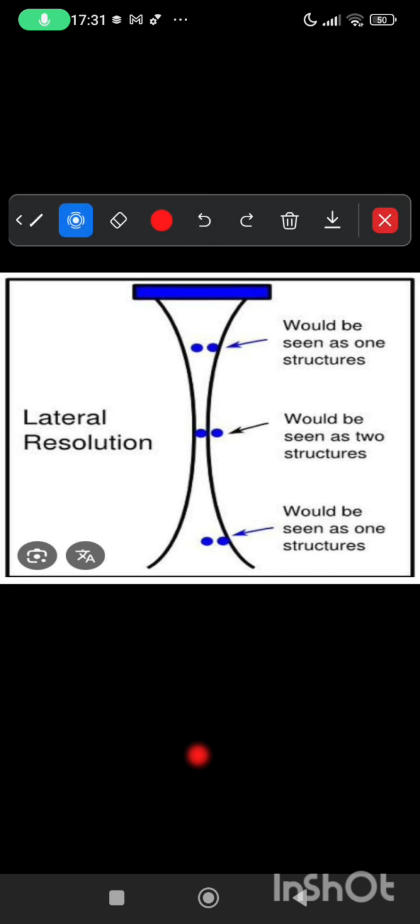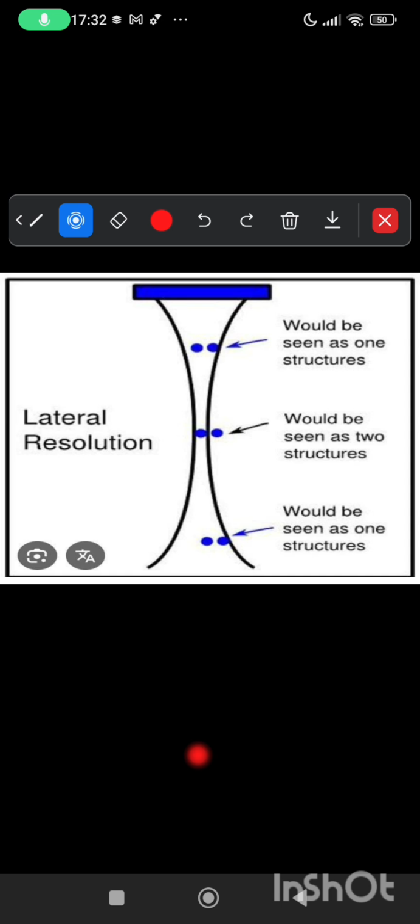So Tasween, what do you understand by this diagram? Alright, so from this diagram, at the point of the Fresnel, the near field, the beam will be assumed to be one structure, and the same thing goes in the far field as well.